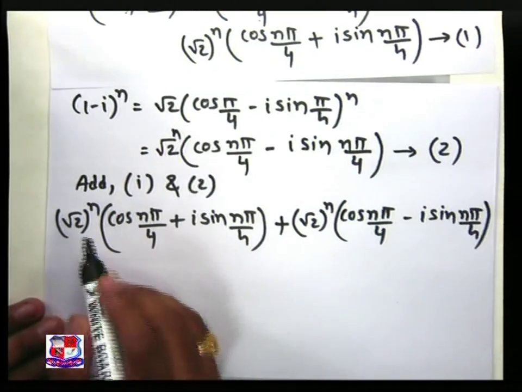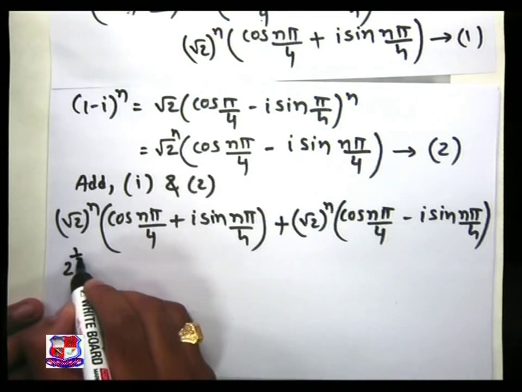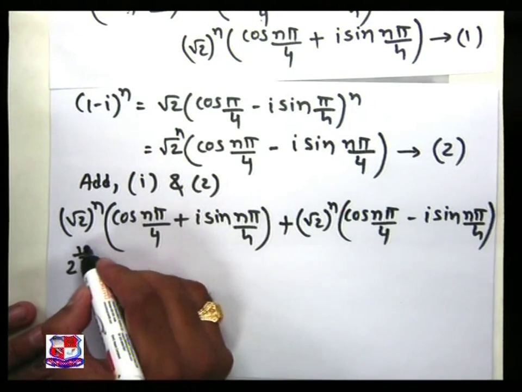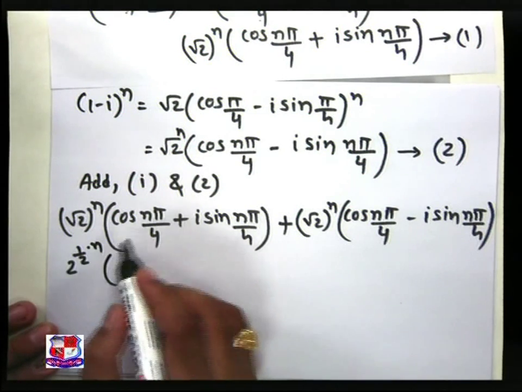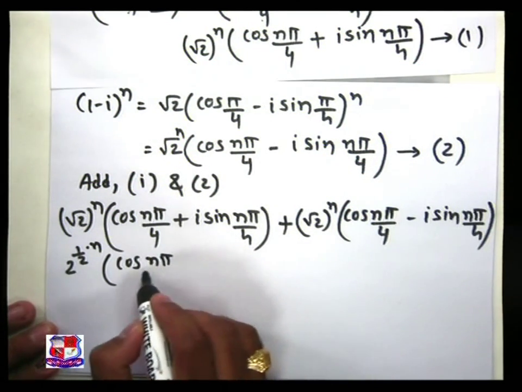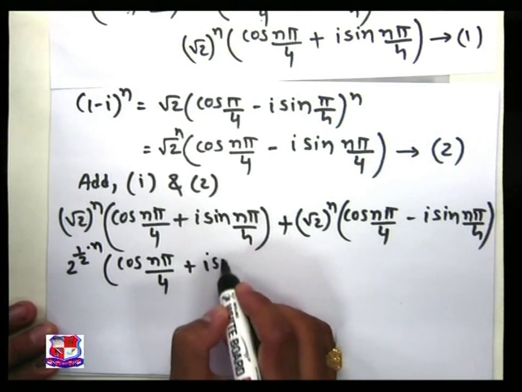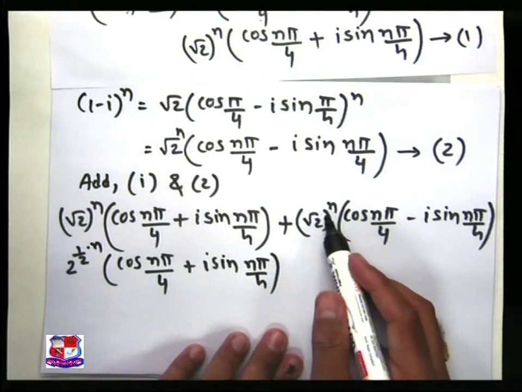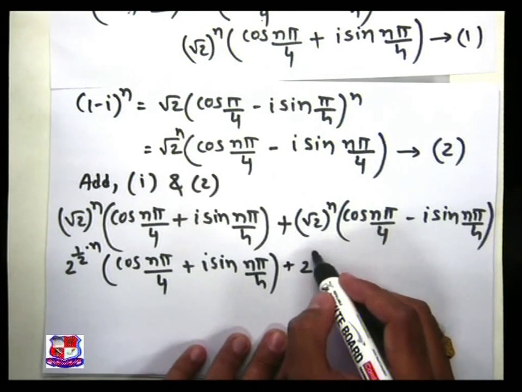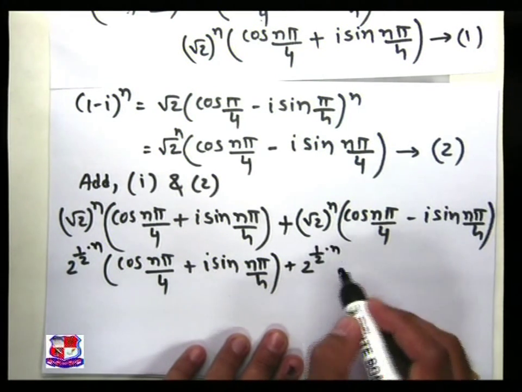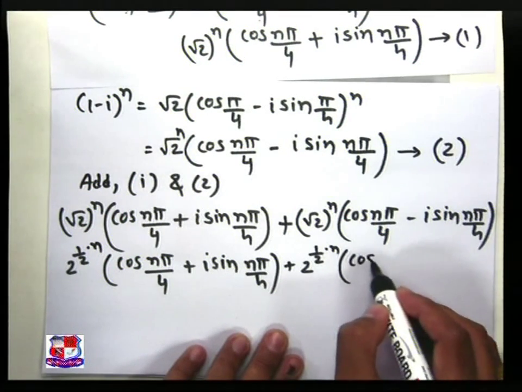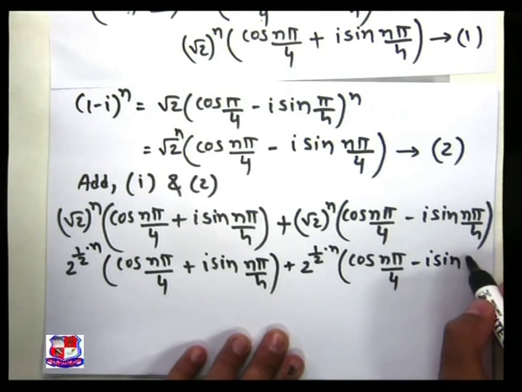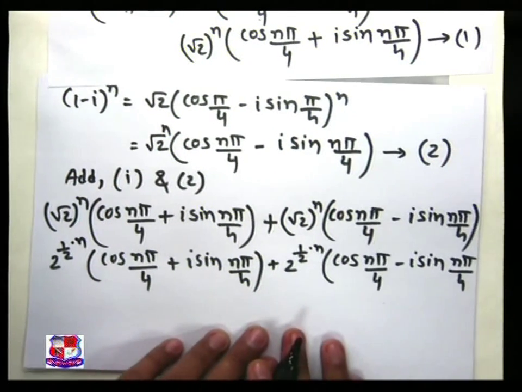Here √2 we can write as 2^(1/2). So 2^(1/2) raised to n times (cos nπ/4 + i sin nπ/4). Second step, (√2)^n, we write 2^(1/2 · n), and the remaining term is as it is, cos nπ/4 minus i sin nπ/4.